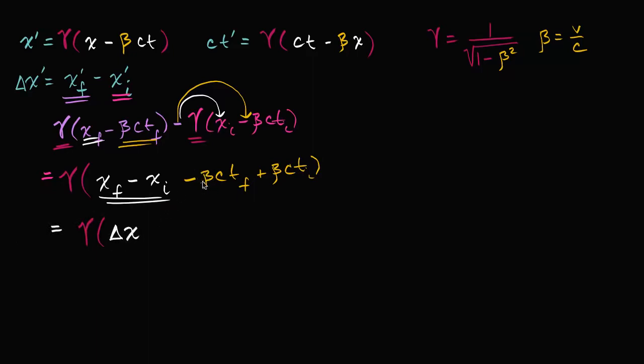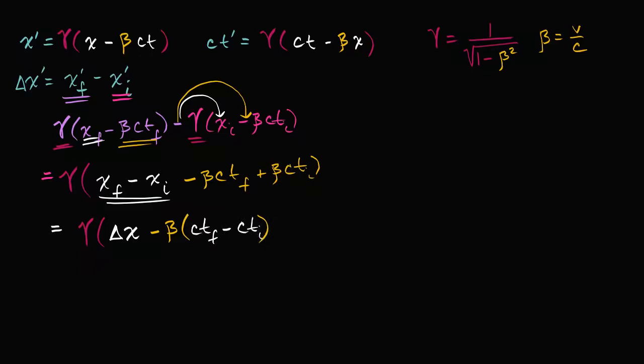And now let me factor out a negative beta. So I'll say minus beta times ct final minus ct initial. And what's ct final minus ct initial?